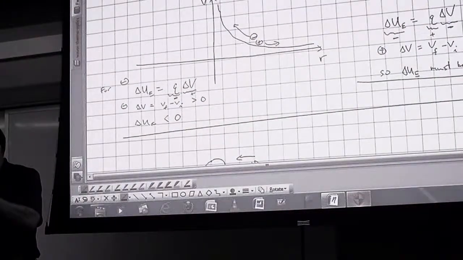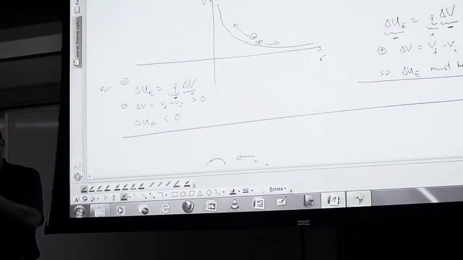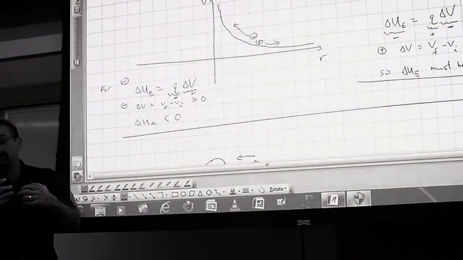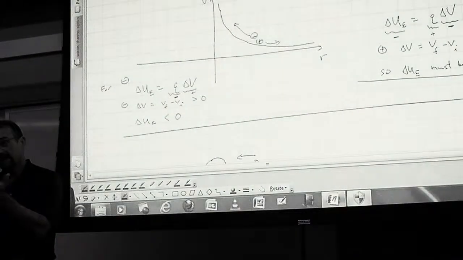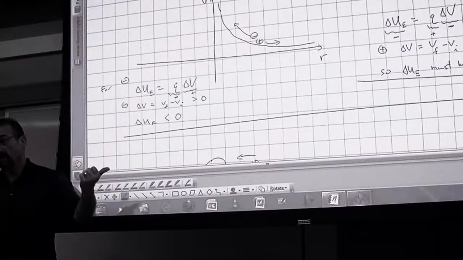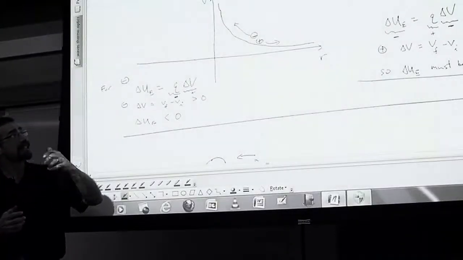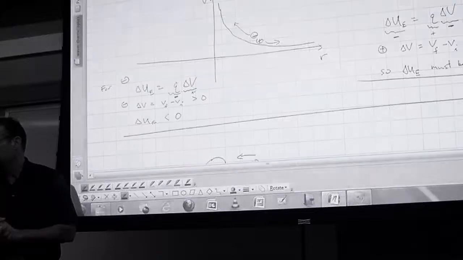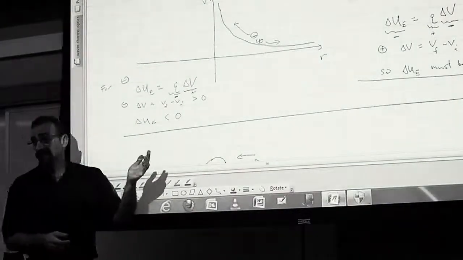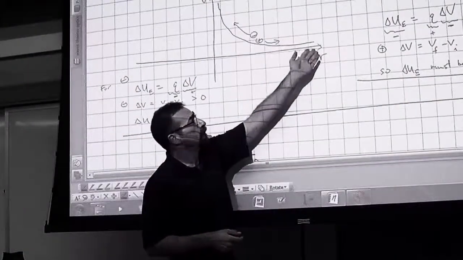They don't want to be together, right? So there's stored energy there. Electric potential energy. You let go of them, this positive charge moves away from the other positive charge. Its kinetic energy increases, its electric potential energy decreases, and it moves to a position of lower potential.